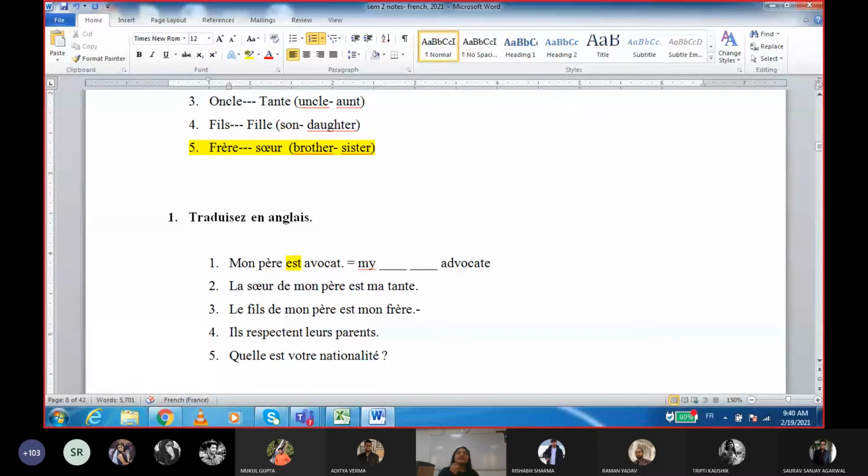Now, obviously, such kind of confusions can occur in your mind when you are giving the exam. So even if you are writing these two words for me, you are going to get the marks. Now, I'm not saying full marks, but some marks you will get. So even if you don't know what is advocate here, even if you're just writing my, you are going to get some marks.